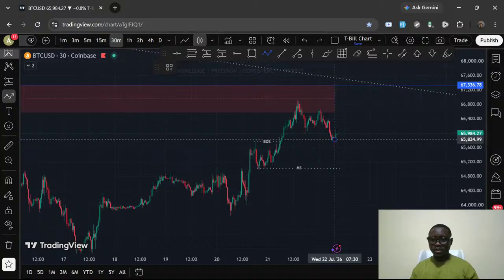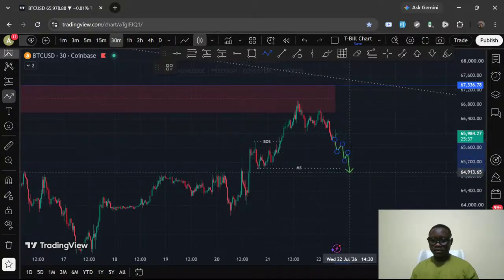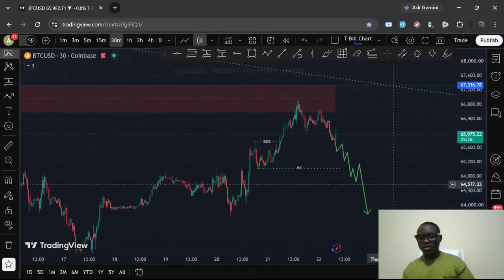If I can get this, okay, so I'll consider shorting with this price zone right here.